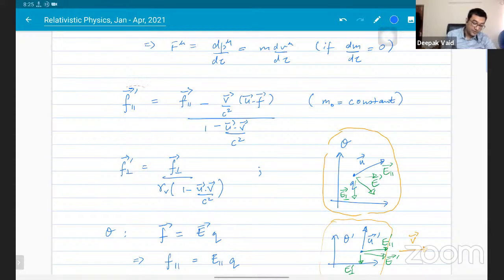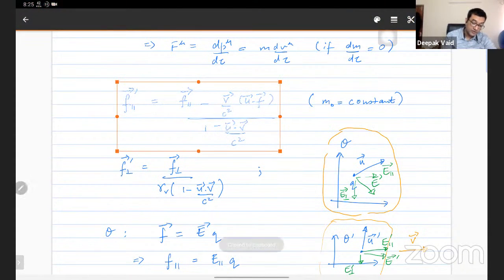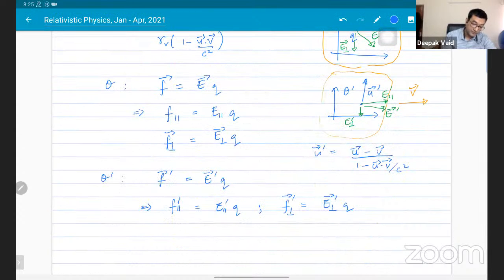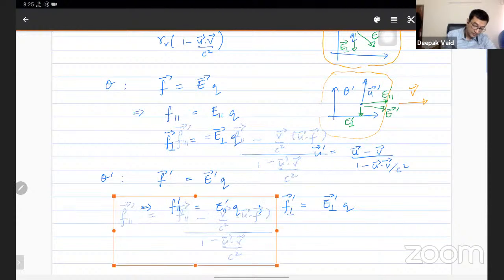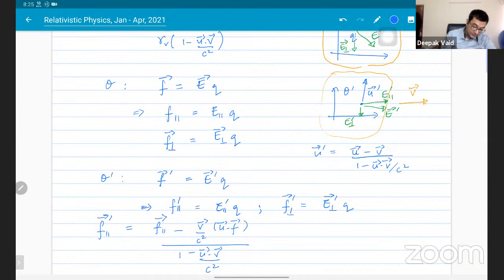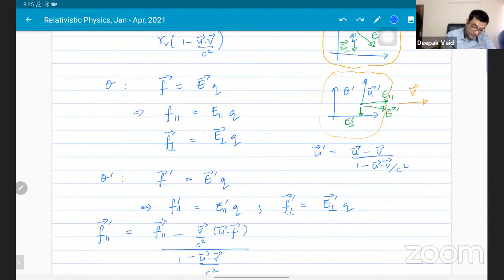So it's easy to see how the parallel component of the electric field transforms. I'll put this here. It's getting a little bit crowded, so I'll just go on to the next page, okay?